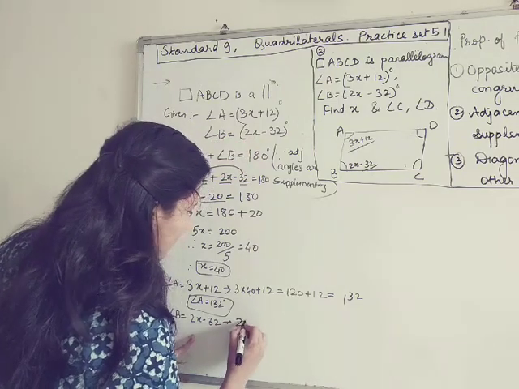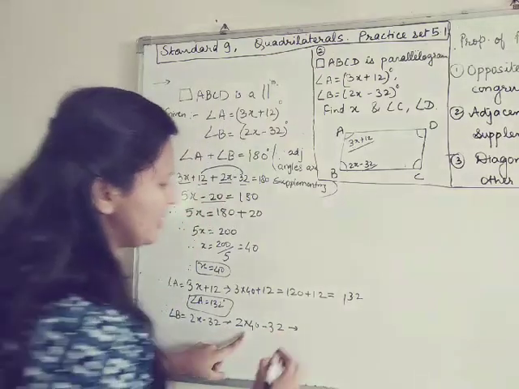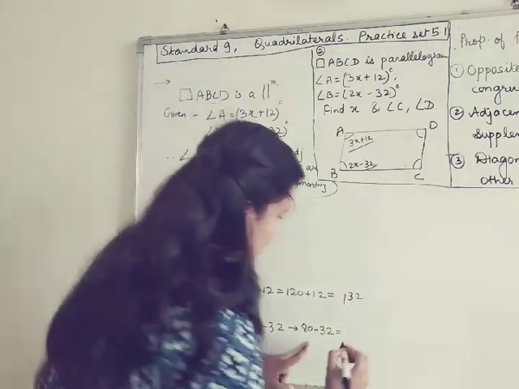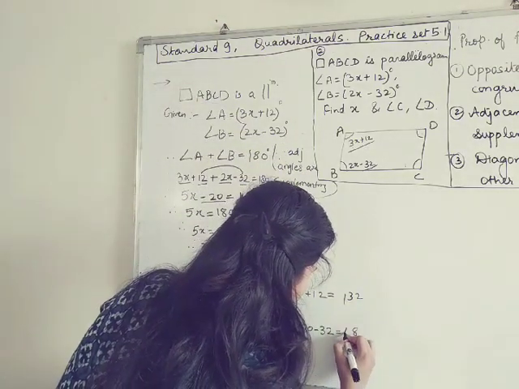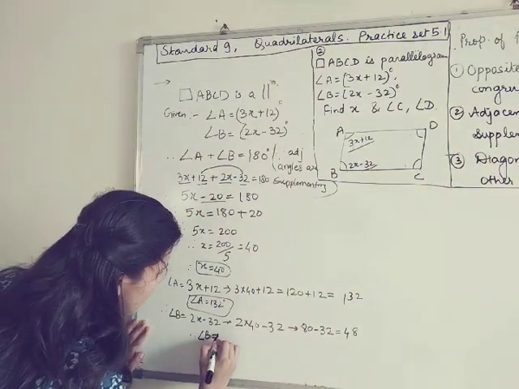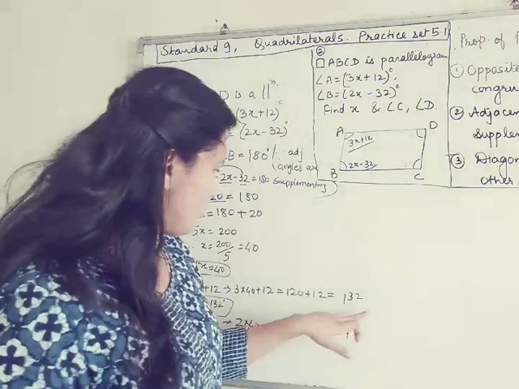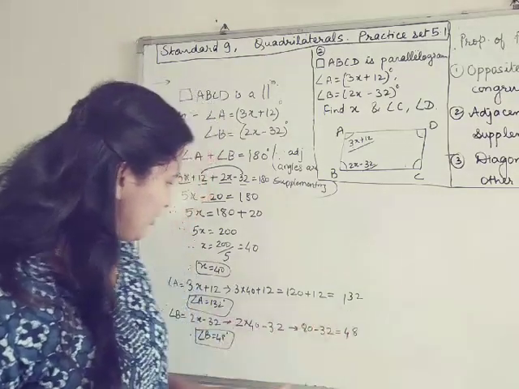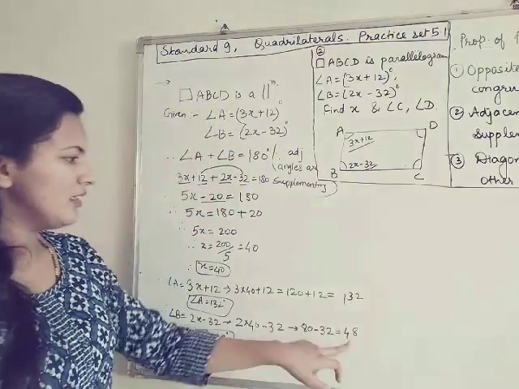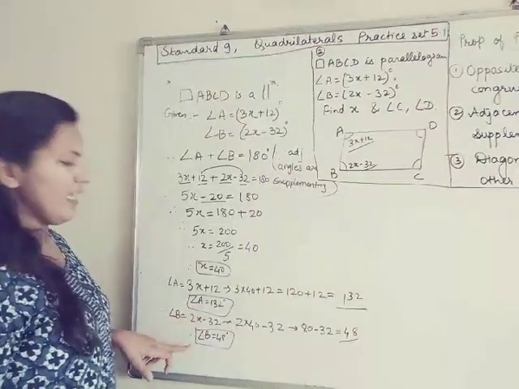Putting the value of x, 2 into 40 minus 32. So it will be 80 minus 32. What will be the value? 48. So angle B is 48 degree. Correct. So 132 and 48 are the measures of angle A and angle B.